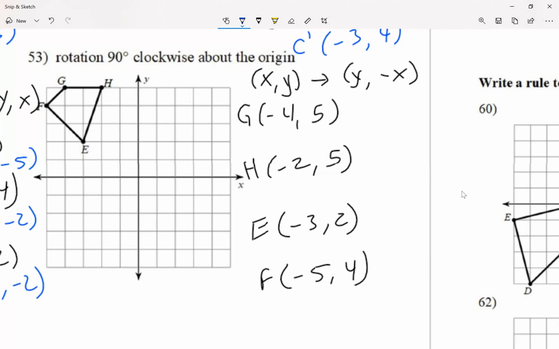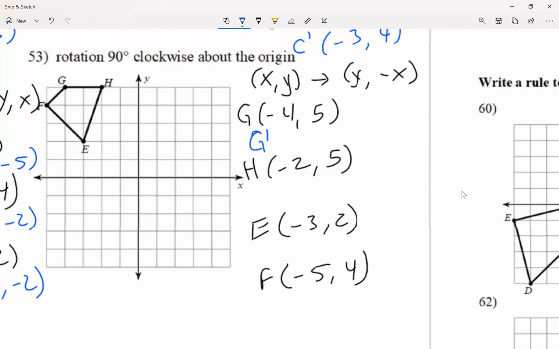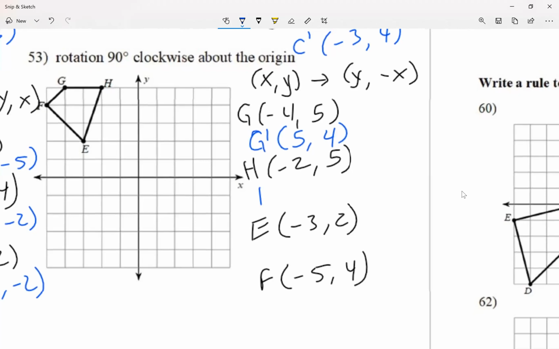So x and y are going to get swapped. The value that was x to begin with will switch signs. So my G prime is going to be (5, 4). H prime is going to be (5, 2).